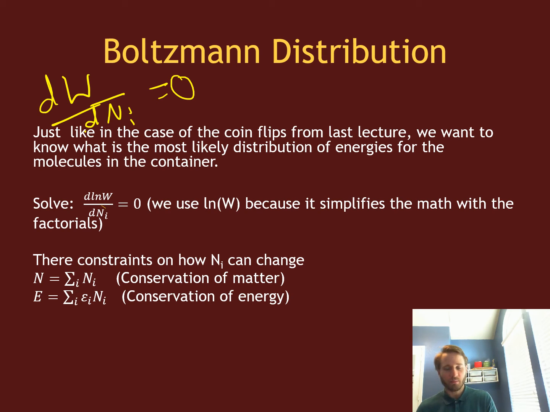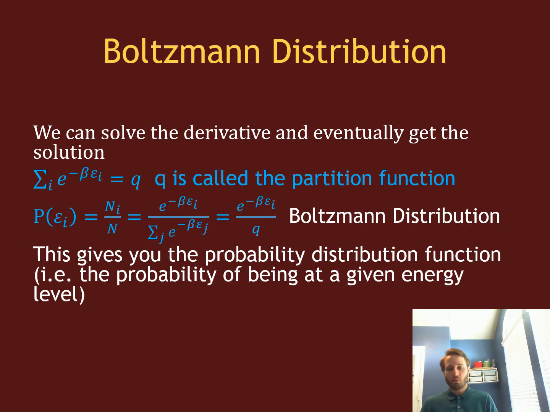And again, if I move the particles around from one energy to another, the total energy stays the same. So I've got these 2 constraints in this optimization. I want to find the maximum likelihood occupation of my molecules in these energy levels, assuming some total constant energy and some total number of particles. When you solve that math, take that derivative, simplify things down, and apply those constraints, you will get the following answer here.